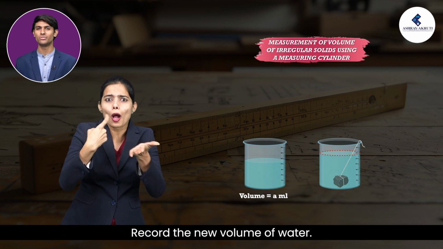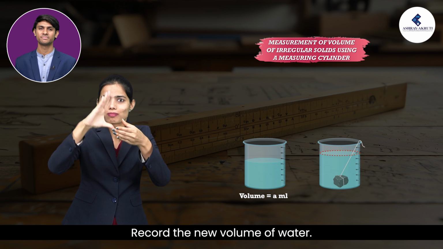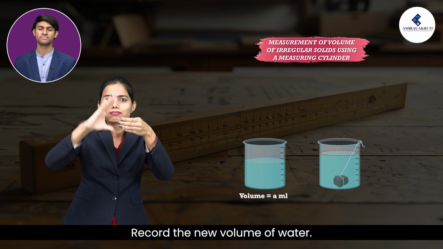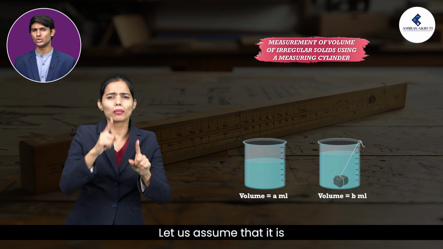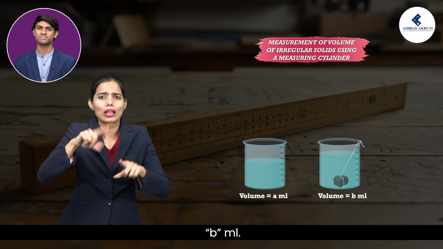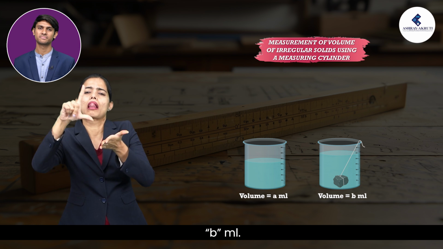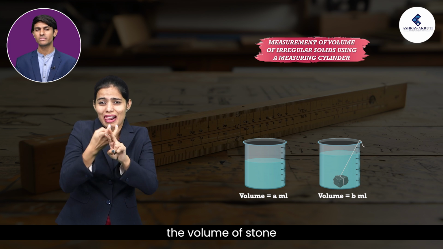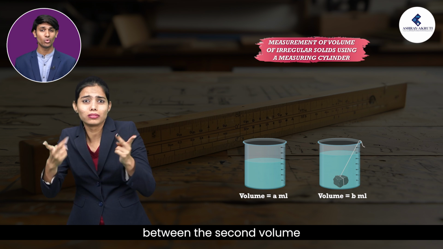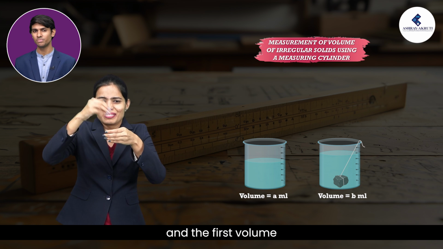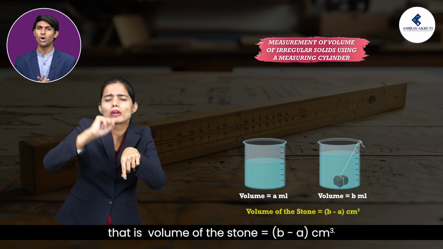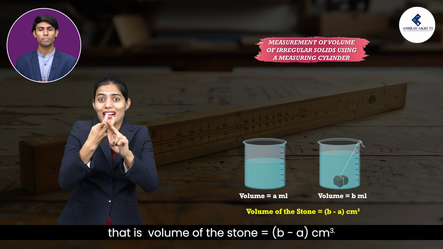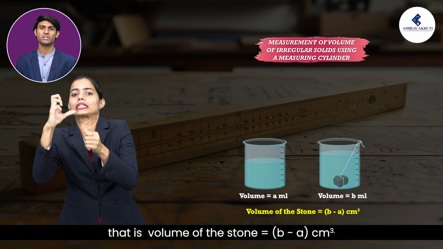Record the new volume of water. Let us assume that it is B milliliter. Now, the volume of the stone will be the difference between the second volume and the first volume. That is, volume of the stone is equal to B minus A cm³.